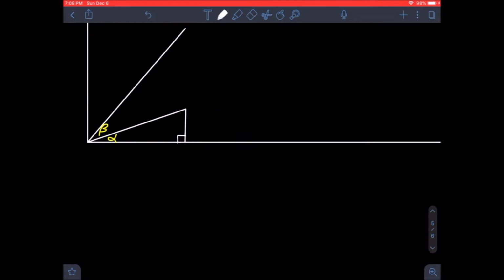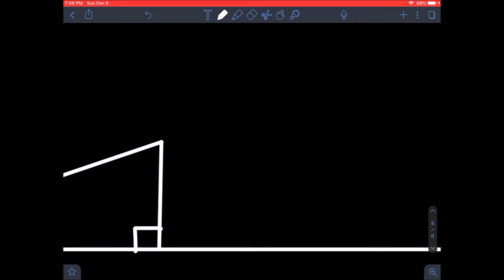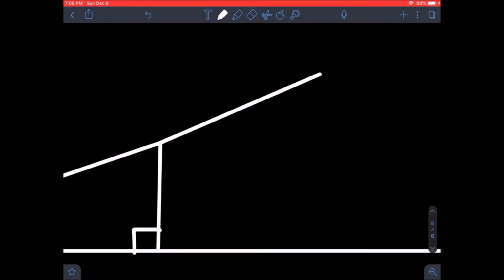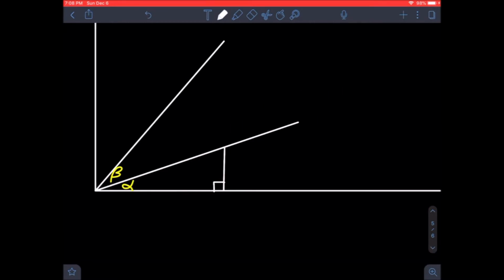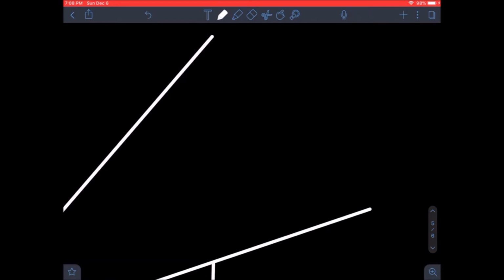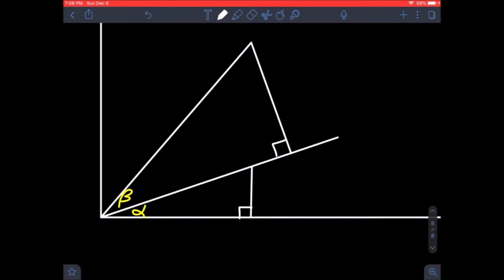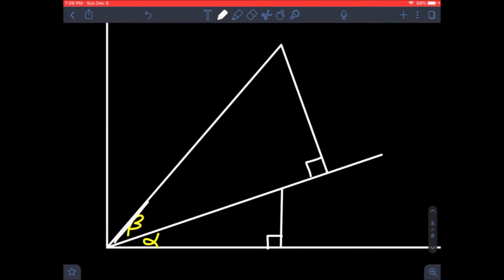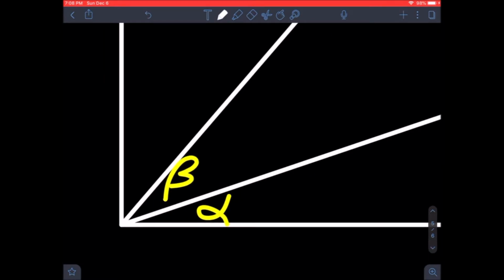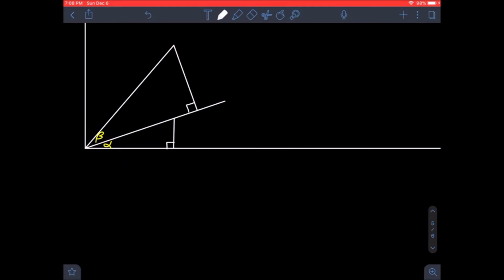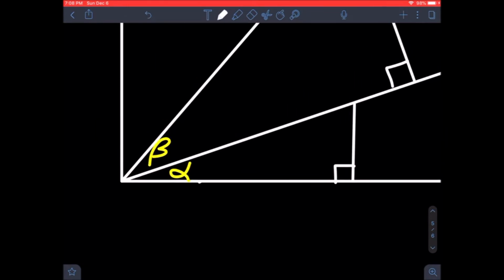To do that, I have to extend this line a little bit, about that much. Then I'm going to extend this part downward so that it's perpendicular to that line, because if it's perpendicular, it forms a right angle, and so now we have a right triangle. This right triangle uses the angle beta. So we have made one right triangle that uses alpha and another one that uses beta.